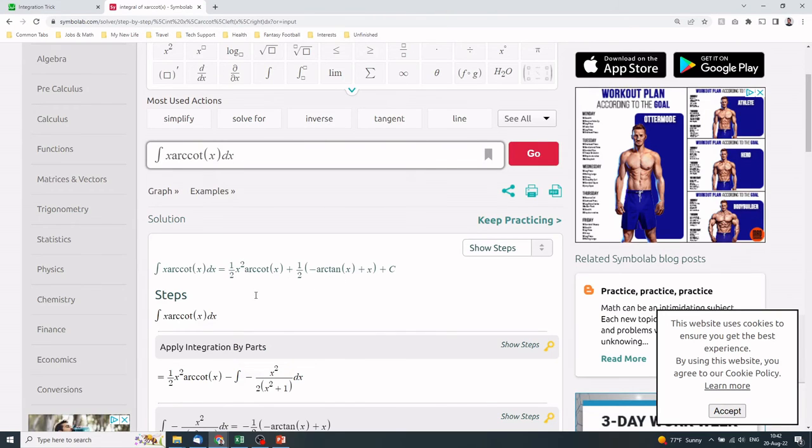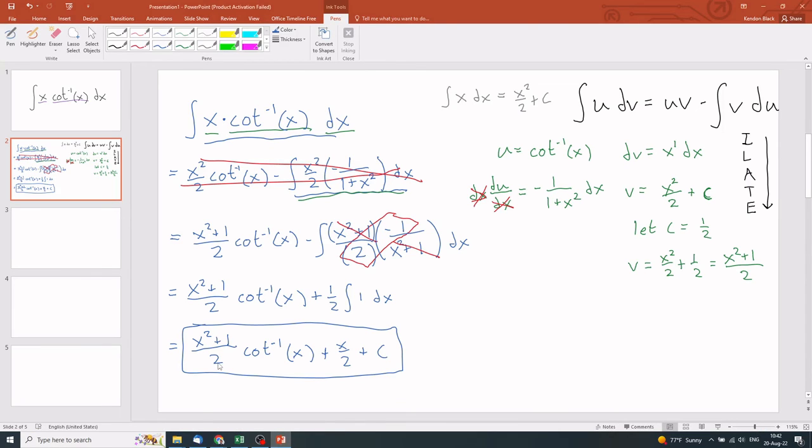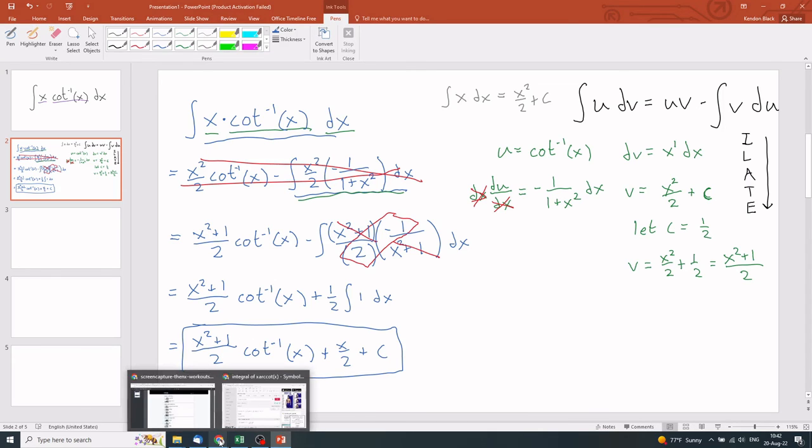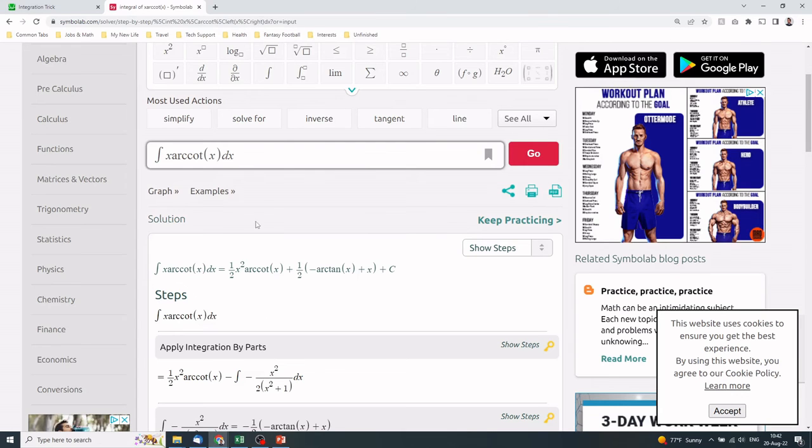First of all, they distributed out the fraction, x squared over 2 plus 1 over 2. But then one of the arc cotangents they have as arctangent. If you look closely, this is the exact same answer that we have if you replace that negative arctan by positive arc cotan.